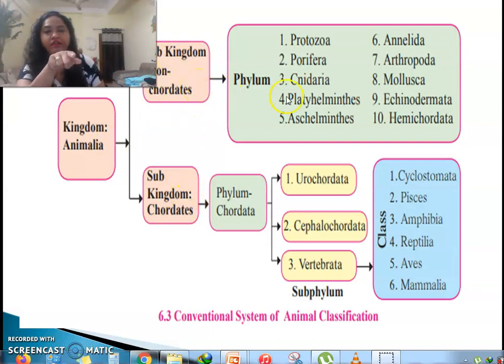In non-chordates, there are 10 phyla, but in chordates, the phylum is Chordata, which is again divided into three subphyla, that is Urochordata, Cephalochordata and Vertebrata. And after subphylum comes class, there are 6 classes. All this we have to study in detail. Each and every characteristic we will study in detail in the coming up modules.